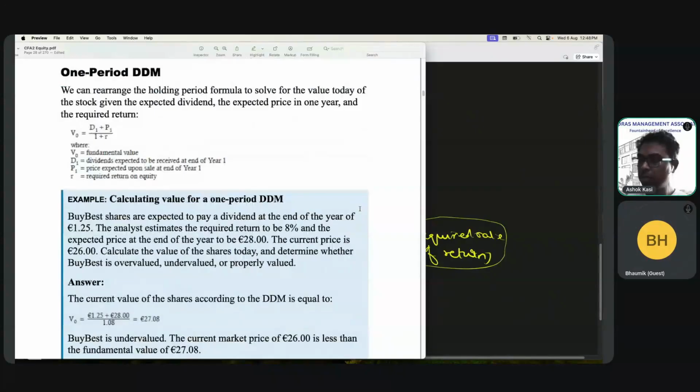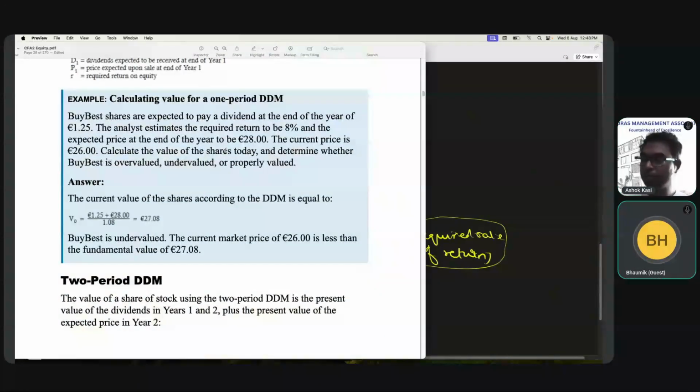See this one now. This is the pure one-period dividend discount model. Just go through this question and see.